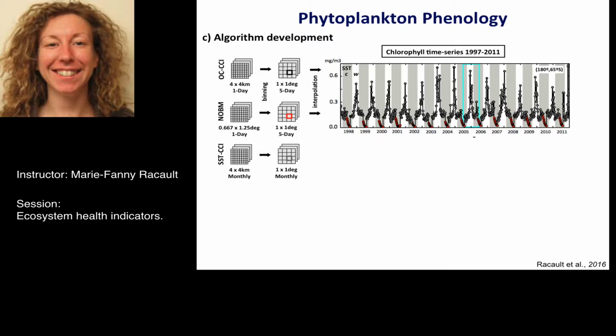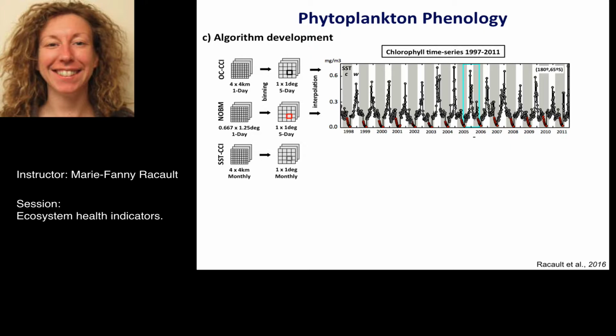So we had a much better coverage, and it was the first time that we could characterize the summer phytoplankton bloom in the southern Red Sea and the whole northern Arabian Sea with the CCI data. Okay, so this is for these algorithms. So a little bit more information on one of the recent approaches that I developed with the CCI data.